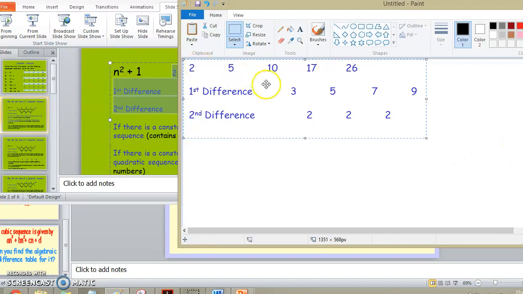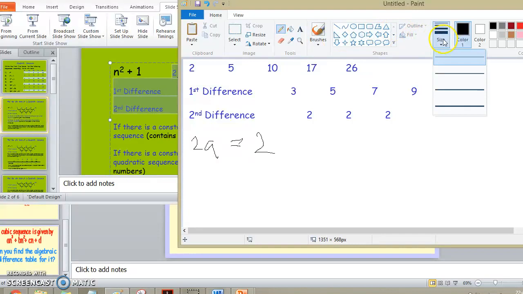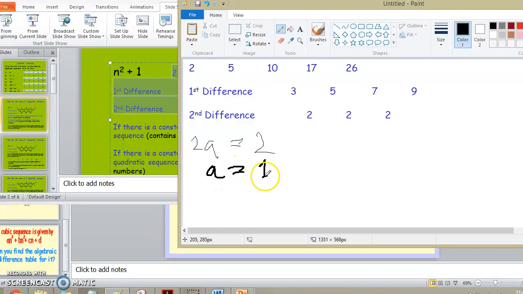So we get 2, 5, 10, 17 and 26. Alright. Now I know that 2a is equal to 2. Therefore, a is equal to 1.